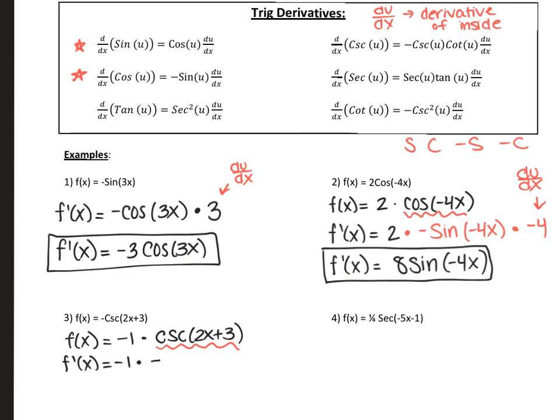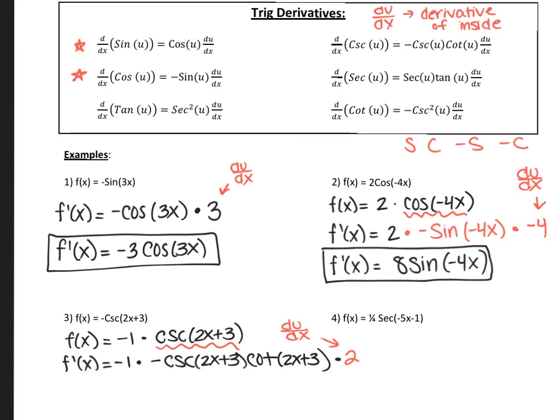So negative cosecant of the same stuff times cotangent of the same stuff. But then du over dx means take the derivative of the inside. The derivative of 2x plus 3 is just 2. So this 2 is your du over dx, the derivative of the inside.